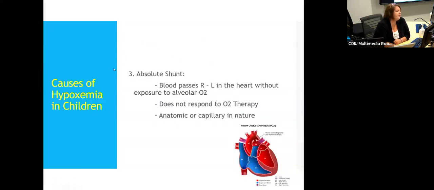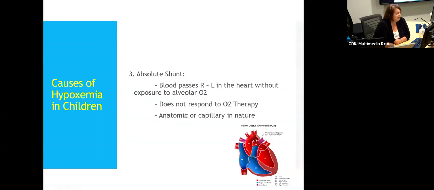Then we get into the things that are notable for our population, the cardiac population. So you're going to have things that are considered absolute shunt. Absolute shunt is when blood passes from the right side of the heart to the left side of the heart without going back through the lungs, right? So there's no exposure to alveolar PO2.